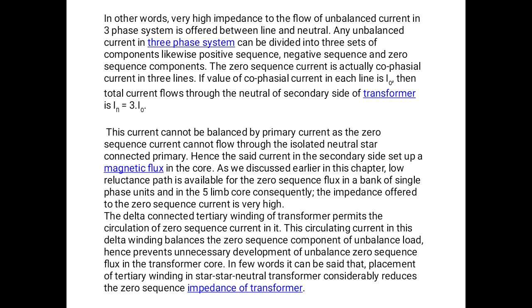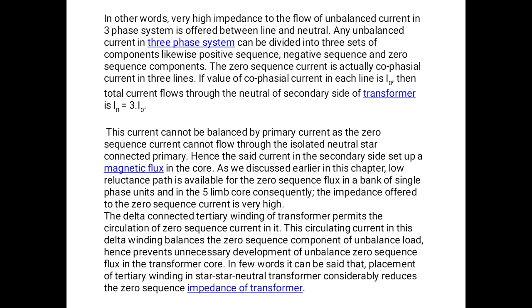Second, it eliminates harmonics in the transformer. Third, it avoids unbalanced load. These are some advantages due to which a 3-winding transformer is employed.